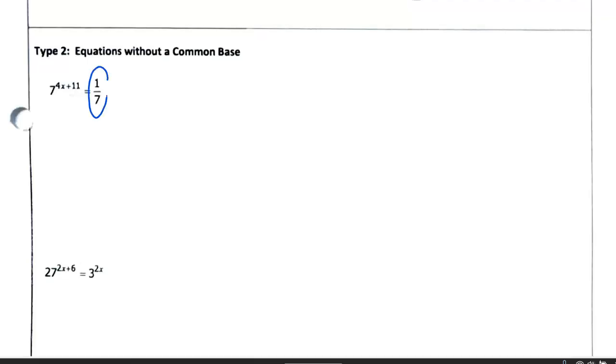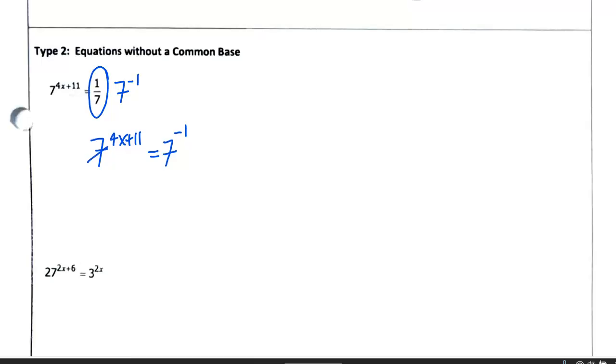We want to rewrite this so it has a base of 7. We don't have a whole lot of work to do. 1/7 is the same thing as 7 to the negative 1, because of that negative exponent rule. So let's rewrite this as 7 to the 4x plus 11 equals 7 to the negative 1.